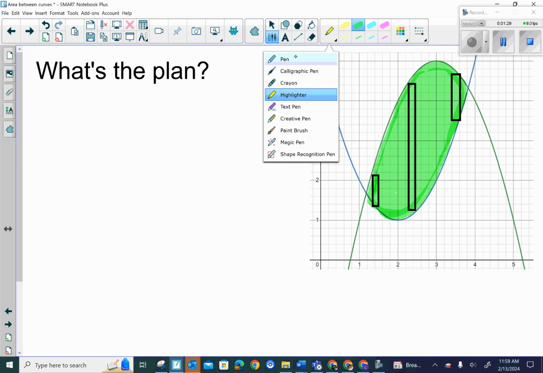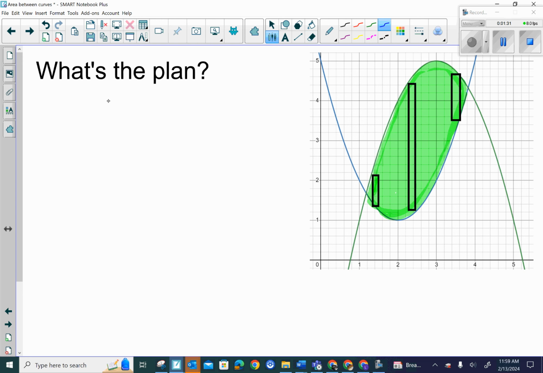So how do I find the area of one of those rectangles? And you always focus on just one. So the area of a rectangle like this is going to be length times width, of course.